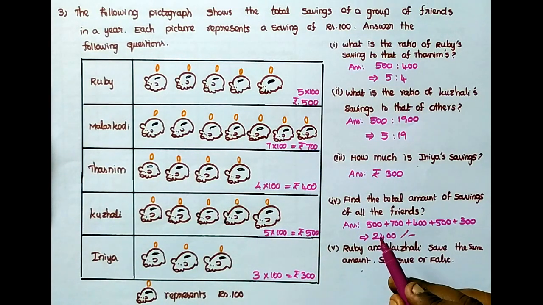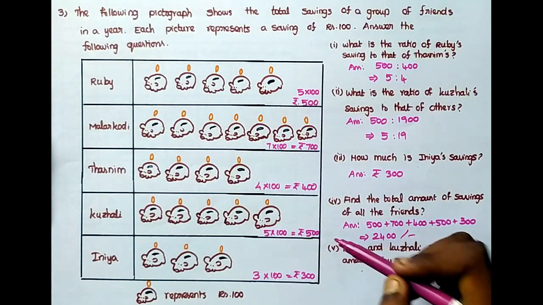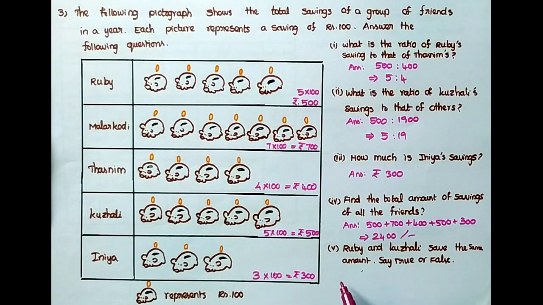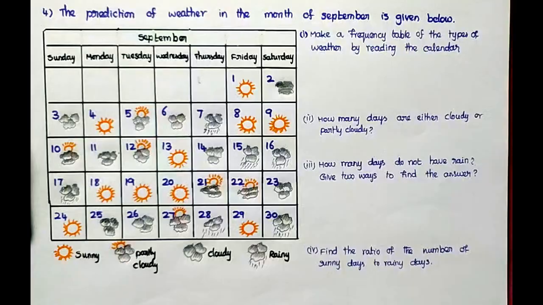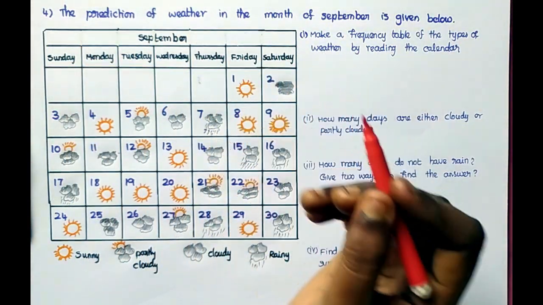That is the savings of all friends. Next one, Ruby and Kudali save the same amount, say true or false. See Ruby's and Kudali's amounts, 500, 500. Yes, so the answer is true. That is the answer.